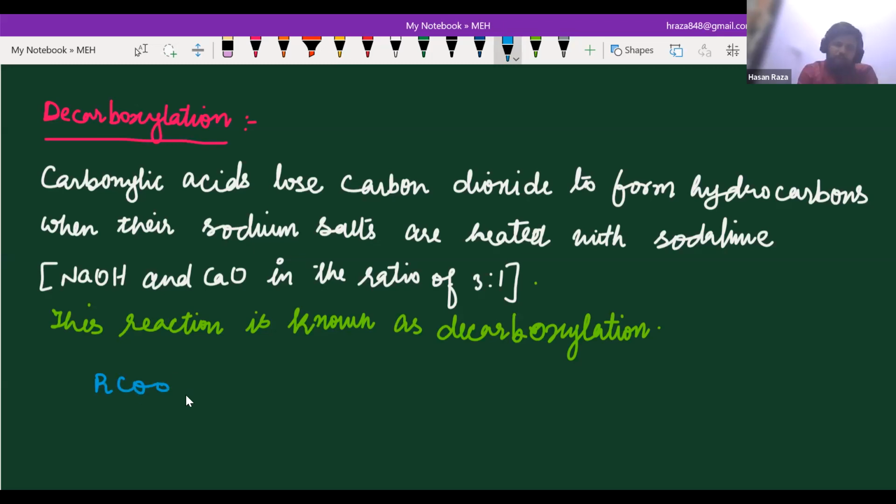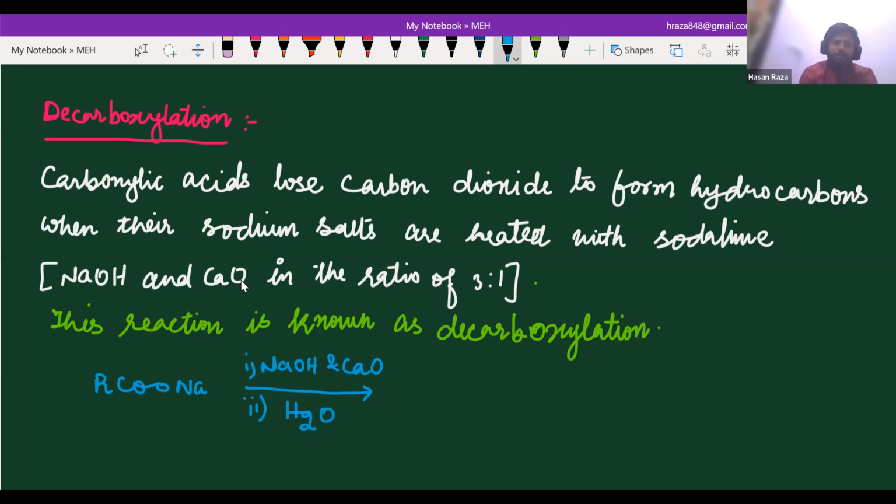So this is your carboxylic acid, and if you want to write the formula of carboxylic acid salt, just remove hydrogen and add a metal like sodium, potassium, magnesium. This is your carboxylic acid salt, and you react it with soda lime, that means NaOH and CaO, and then do hydrolysis.